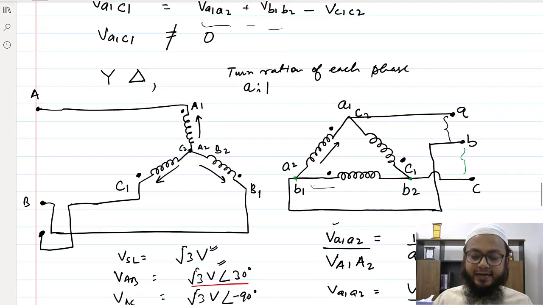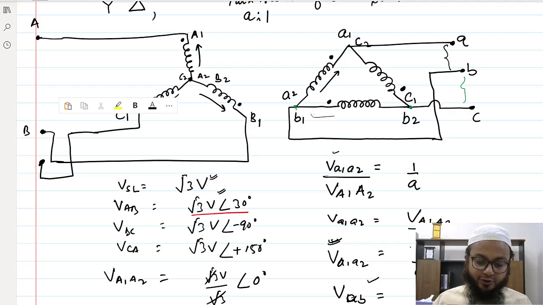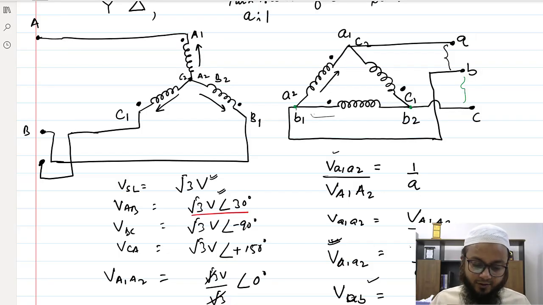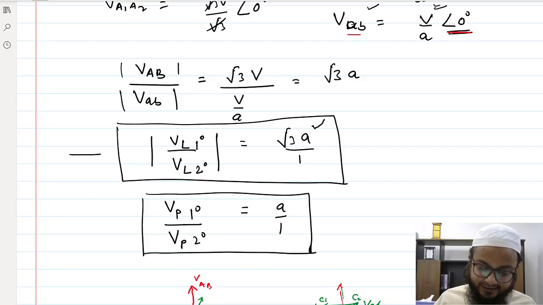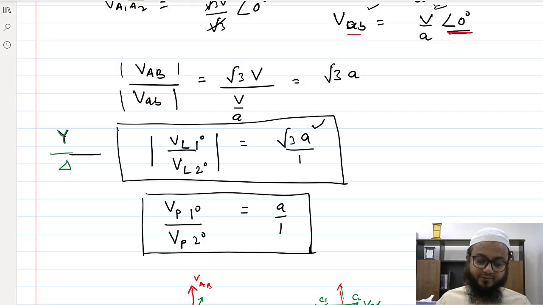From star delta, you can energize from either of the sides, right? So what I'm saying is, let's say for this, the star side, this is my star side, and the denominator is actually for the delta side.